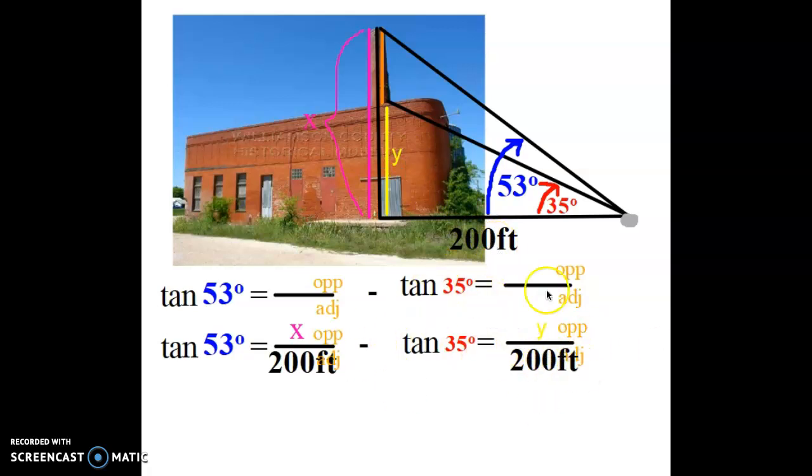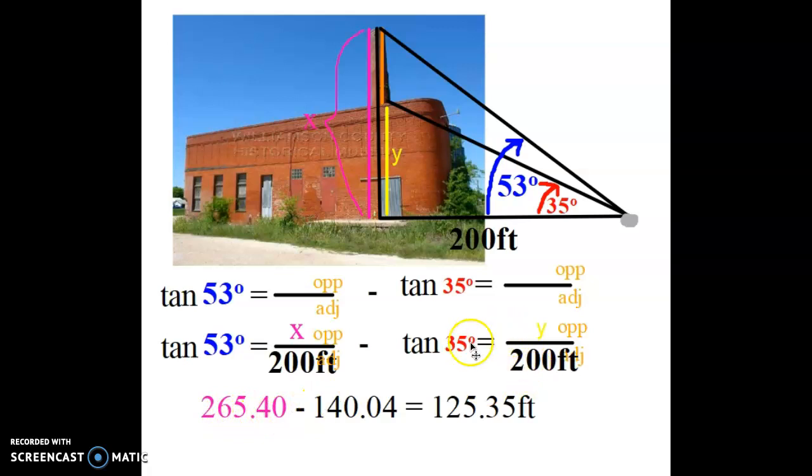And when we multiply both sides by 200, here's what we're going to get. The pink is 265.4, and then this yellow over here, Y, turns out to be 140.04. When we do that subtraction, we will get 125.35 feet, and that would be the orange right there.